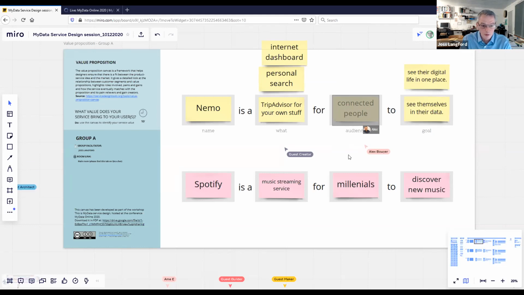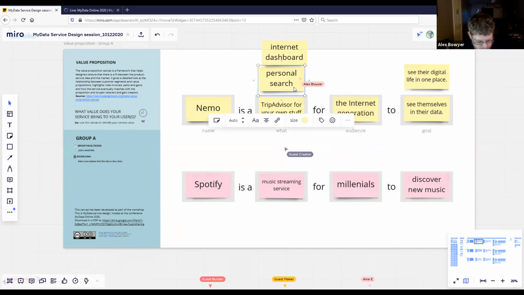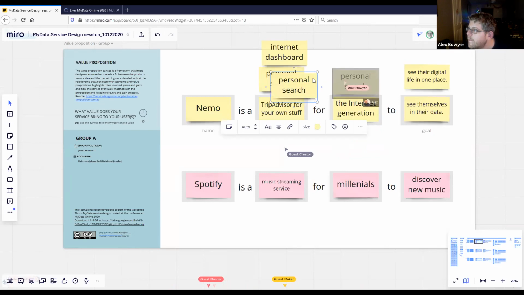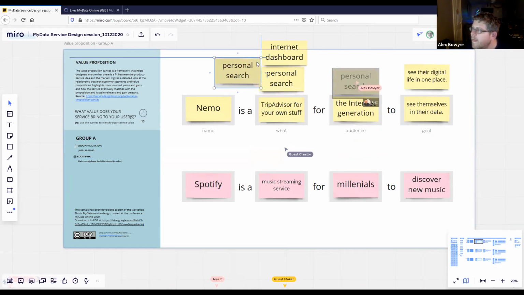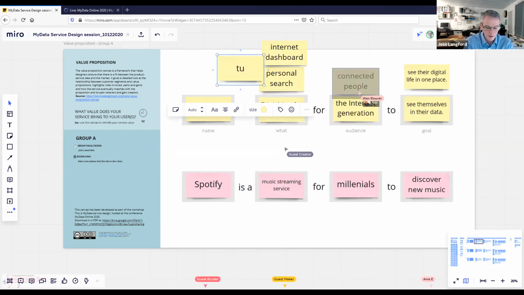We're saying these are people who are already doing loads, and that's where the problem comes from. Maybe something like the internet generation. People who've been using the internet for a long time. I always like the anachronistic ones. So 60 years ago, people would use Tupperware to organize their stuff.